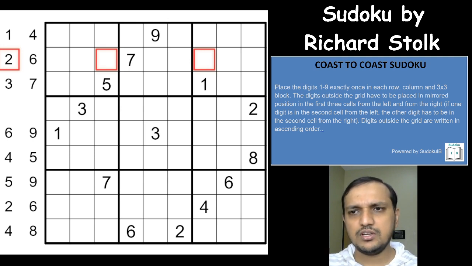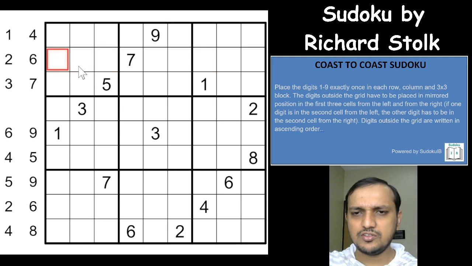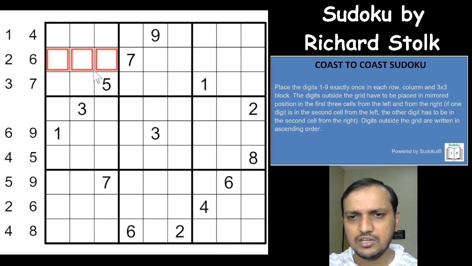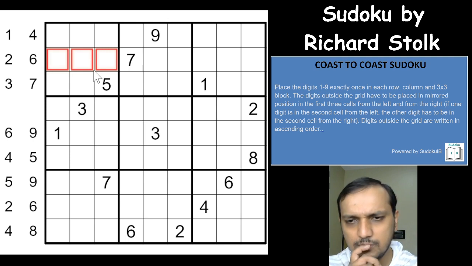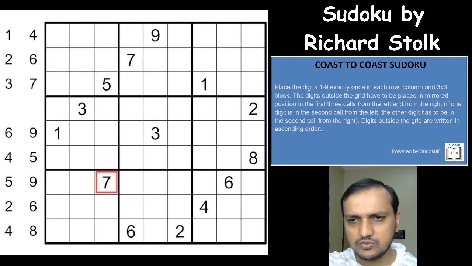The digits outside the grid have to be placed in mirrored positions in the first 3 cells from the left and from the right. You don't know which digit is in the first 3 cells from the left and which is on the right. So let us start solving this Sudoku, a really good variant, something new actually. Let's see if we are able to crack this one.